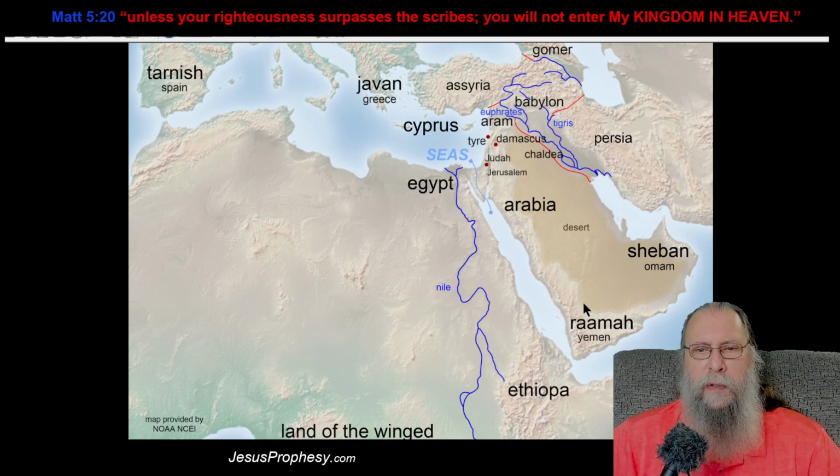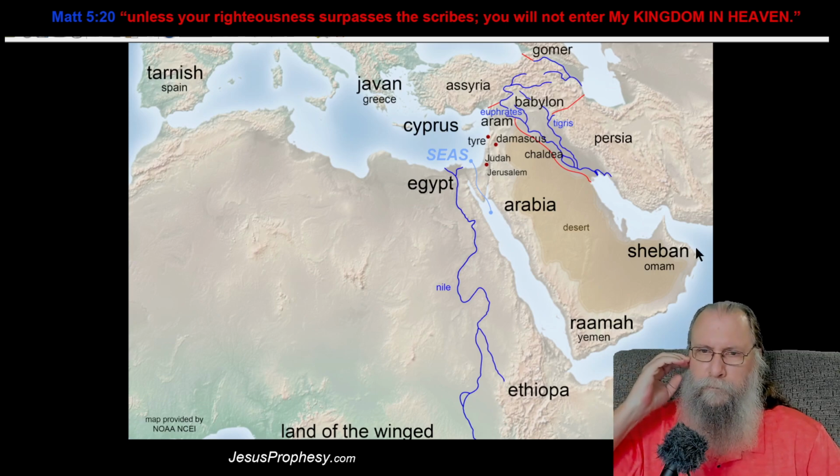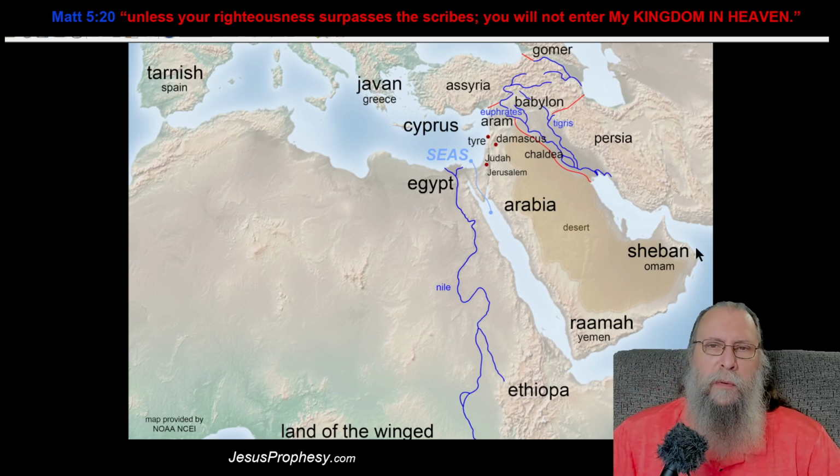These are what is known as the trading route on the two seas. The text says seas, and they interpreted this as a sea and this as a sea.